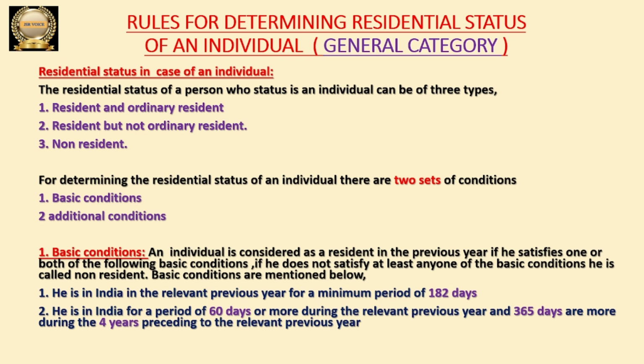You can see here, first one, basic conditions. An individual is considered as resident during the previous year if he satisfies one basic condition or both the basic conditions. Actually basic conditions are two. By considering basic conditions we can determine the individual's residential status, either resident or non-resident.